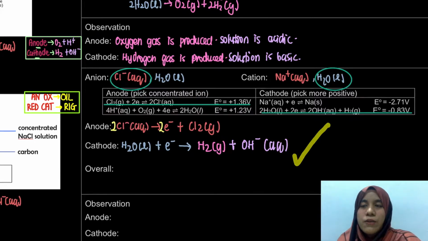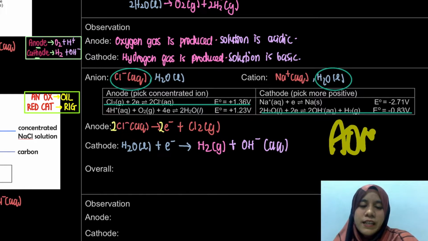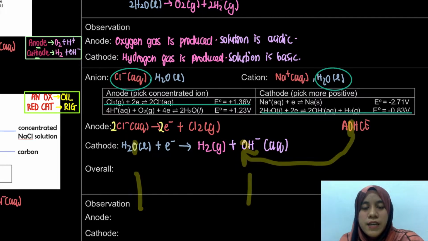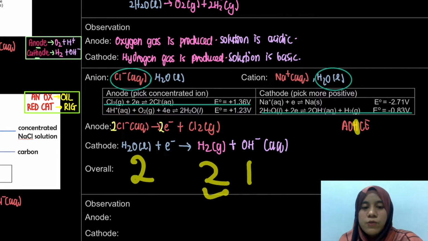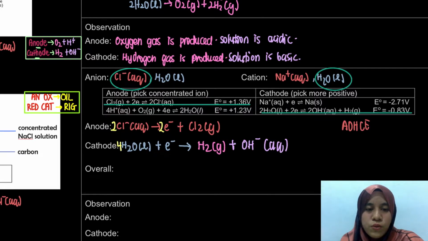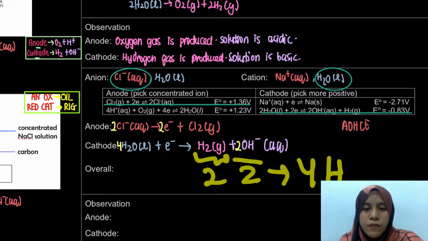But how to make it balanced? This one we have to look at the outer part, because we have quite a lot, it's not straightforward like Cl. So check the oxygen balance, hydrogen is not balanced yet. How to make it balanced? I want to make both sides equal for hydrogen. Here is 2, right? So here it should be 2 OH minus.